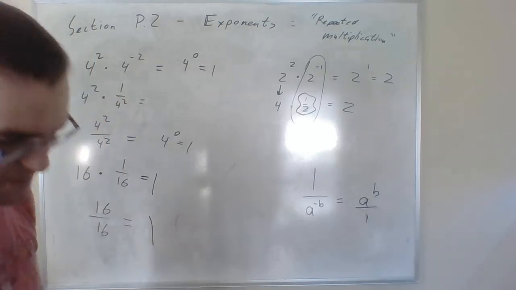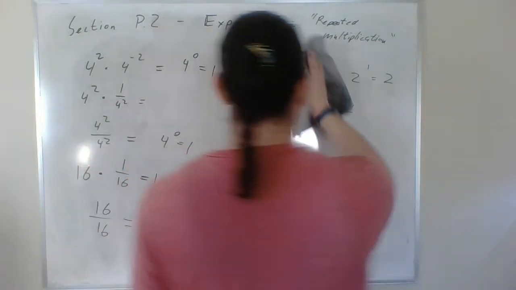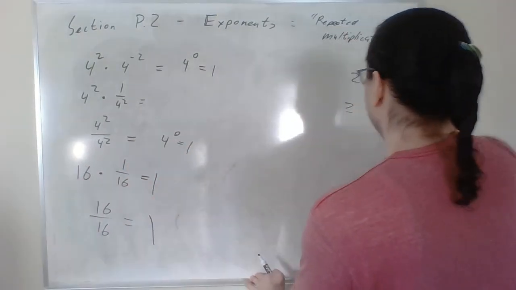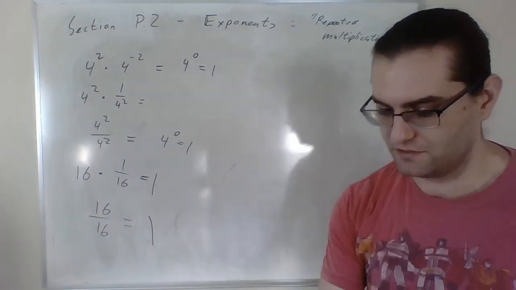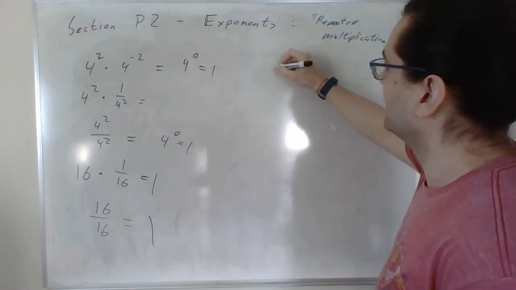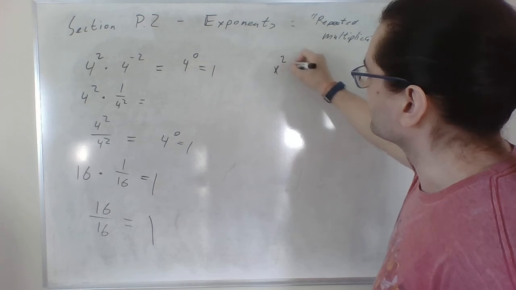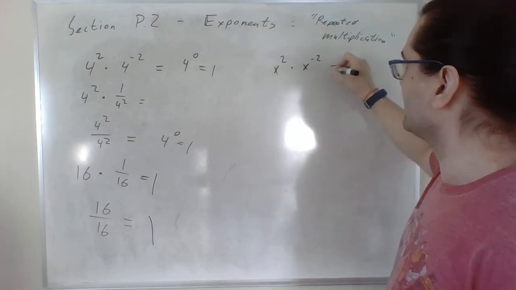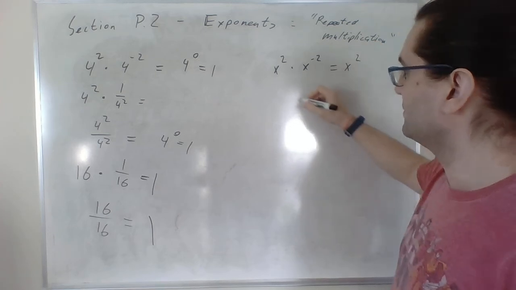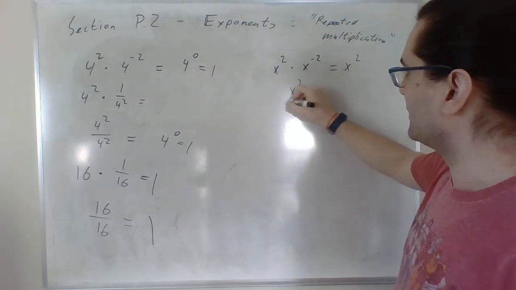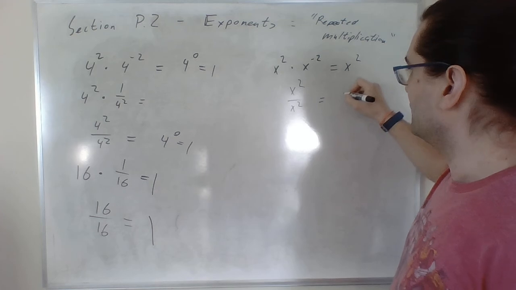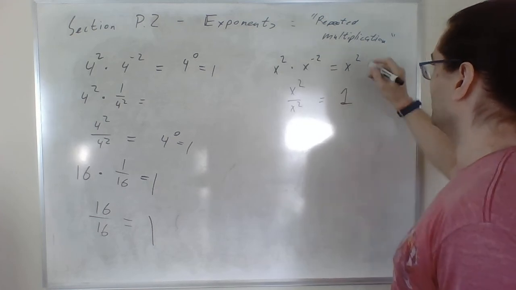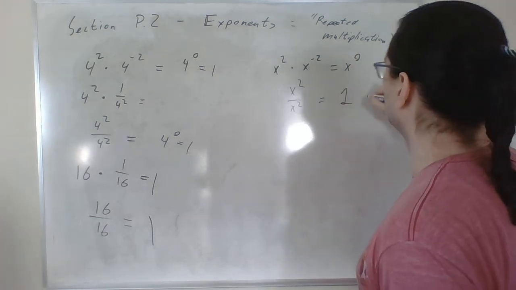The very interesting thing about this property is that the 4 didn't really matter. If I take x squared times x to the negative 2, I'm still going to get x to the 0, and it's still going to be x squared over x squared, which should just be 1.